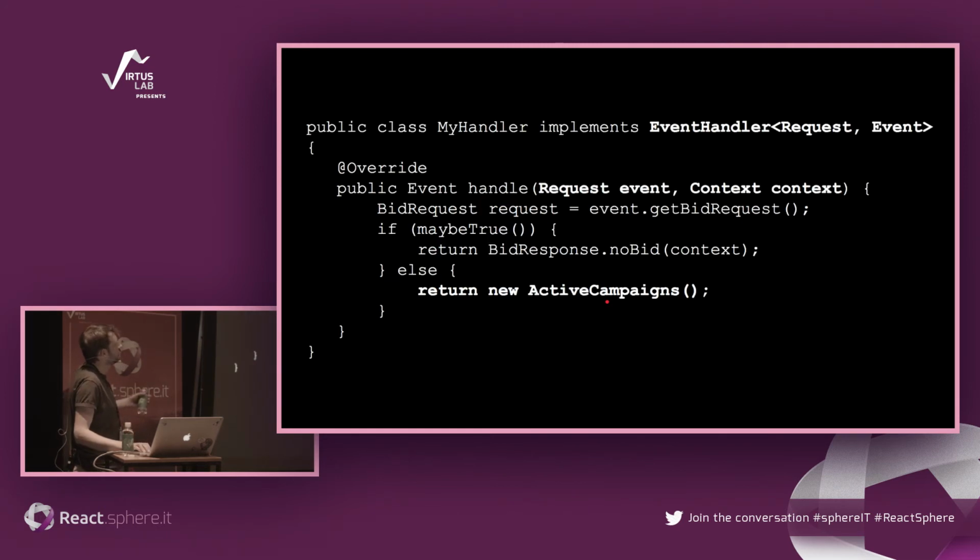The stage is just a function. You get the request event, and you produce an event. That's it. You have a context, but this context is not the Netty or other underlying framework context. It's just our context, and it is always a per-request context.